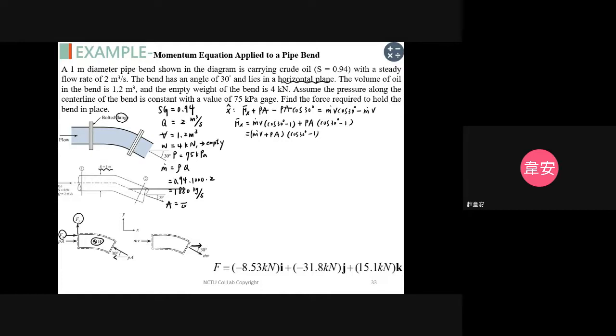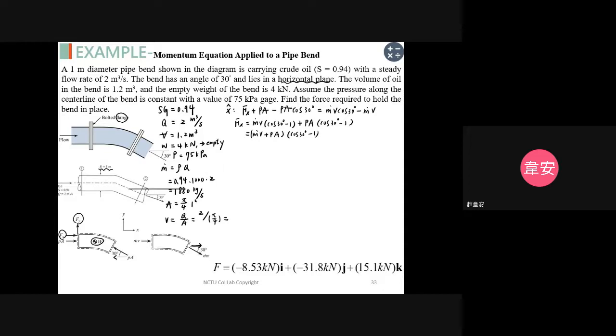It's pi over 4 times 1 squared. So we can compute the velocity by Q divided by A. Our Q is 2 cubic meters per second, divided by pi over 4.